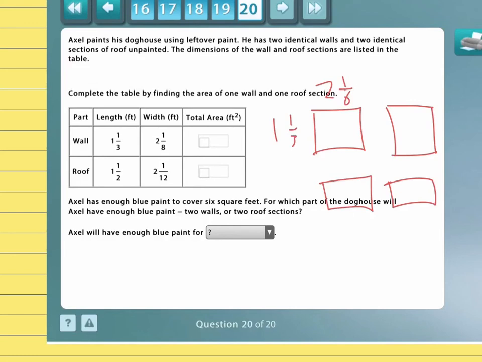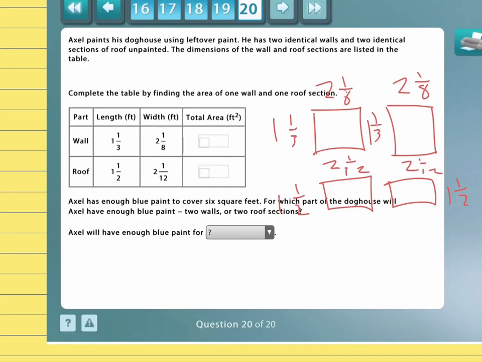And the roof is going to be 1 1/2 by 2 1/12. So you have to draw each thing to make sure we have everything covered.